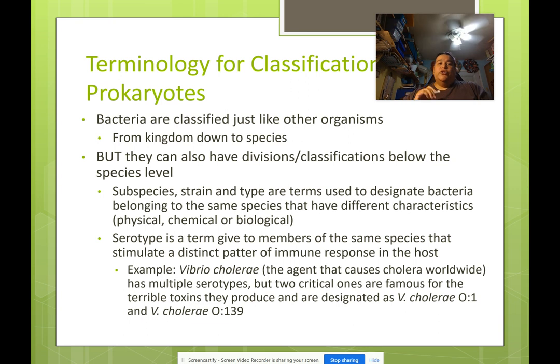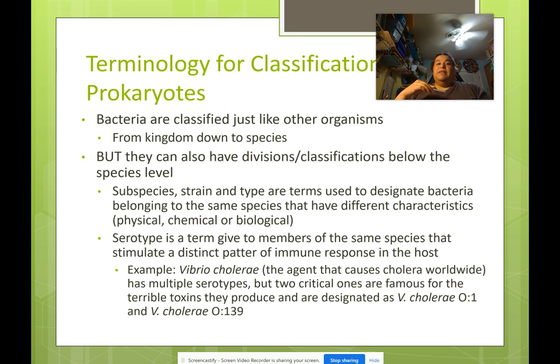Okay, so terminology for the classification of prokaryotes. Bacteria are classified just like other organisms. You've got the kingdom, phylum, order, same thing, kingdom down to species. But they also have divisions and classifications below the species level.